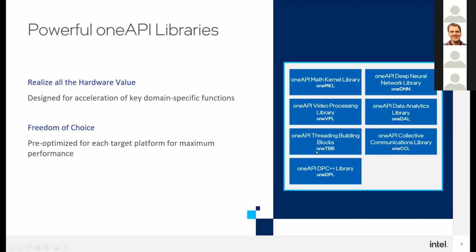There is a threading building blocks. That's a template-based library. There are additional DPC++ library functions which are added to the specification. Deep learning has been on the rise for the last, I would say, 10 years and has become a hot topic, I would say, the last 4 or 5 years.